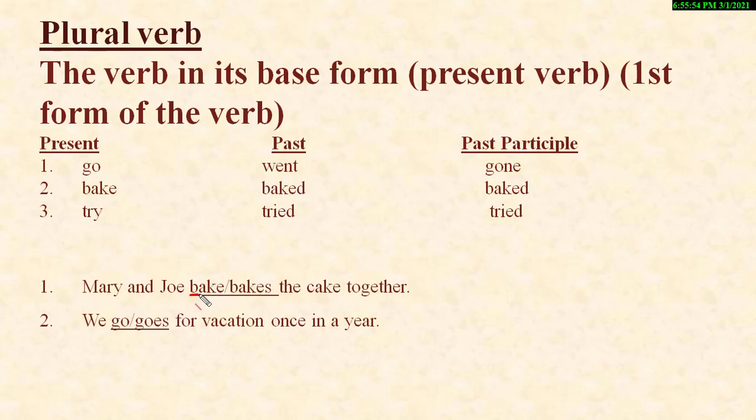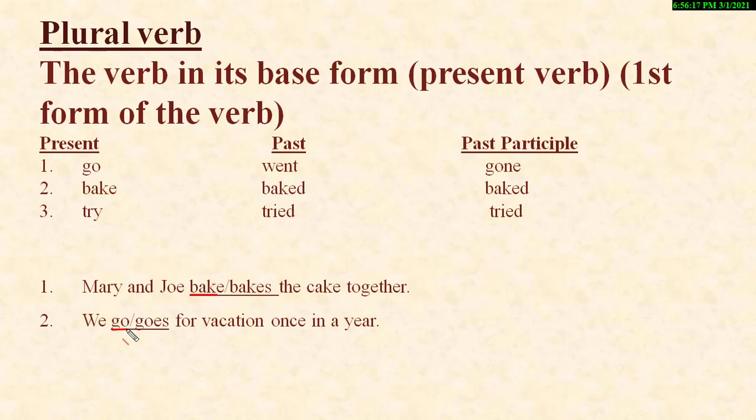And what is the plural verb here? The verb is bake because it is the base form of the verb. The next sentence is we go or goes for vacation once in a year. As we is the plural subject, so we should use the base form of the verb, that is go.